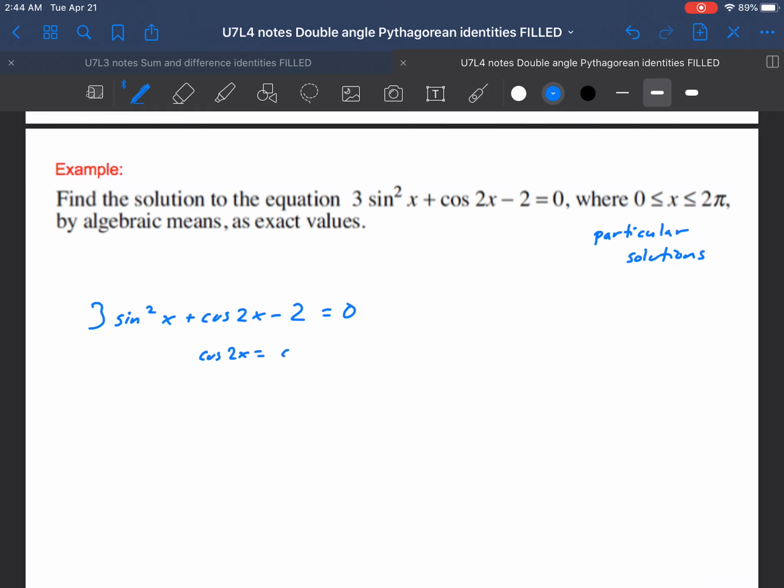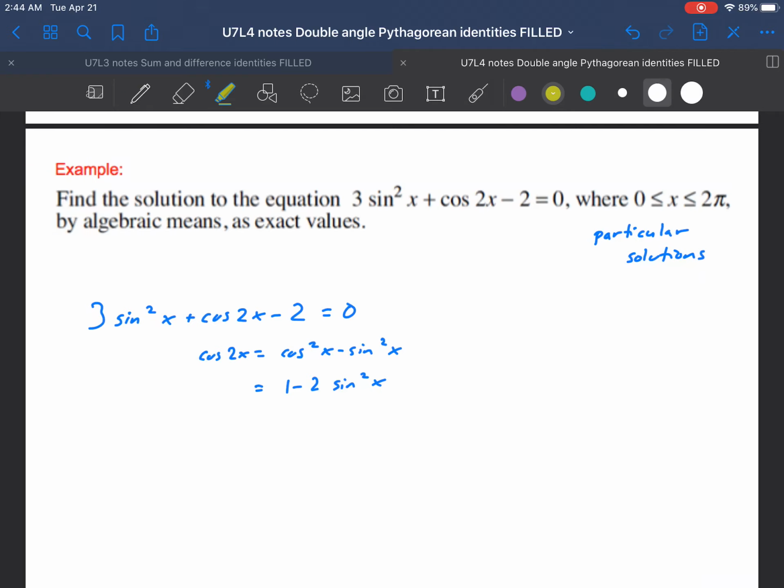If we recall, we know that cosine of 2x is equal to cosine squared x minus sine squared x. Okay, that might help us, but what I don't like about that is we still have a cosine squared, and ideally we could write everything with just sine x. So this is also equal to 1 minus 2 sine squared x.